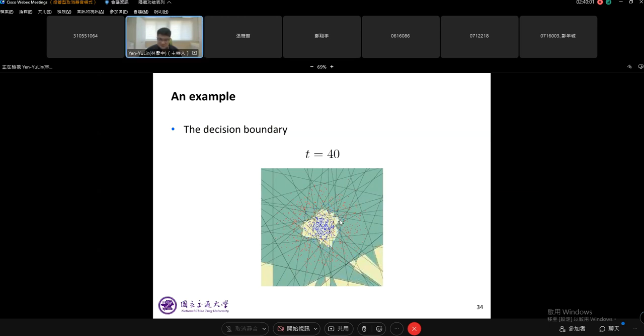This is the resultant decision boundary if we use AdaBoost to choose 40 linear classifiers. As you can see, it is highly nonlinear, but the nonlinear decision boundary is constructed from 40 linear classifiers. So AdaBoost, with just a few weak learners, can have a satisfactory result on the training data. This is an example.